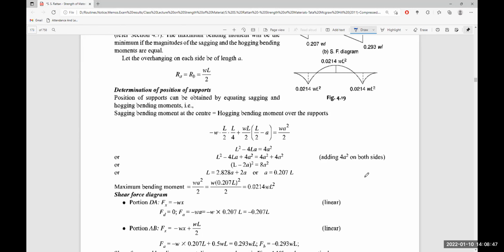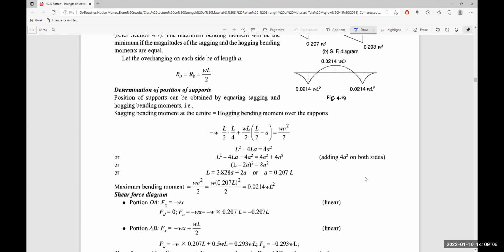Now, what is the sagging moment? Both the supports carry wL by 2.